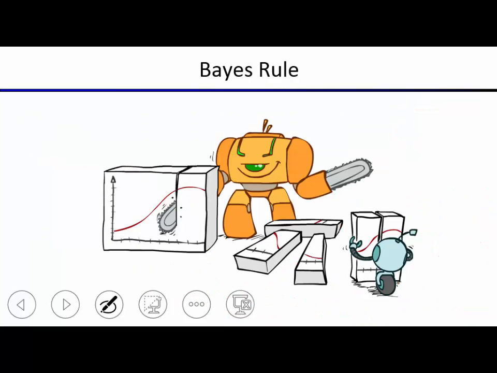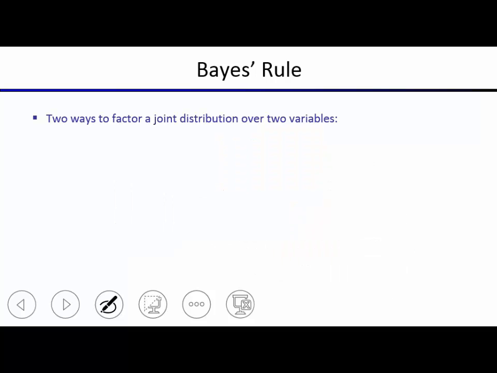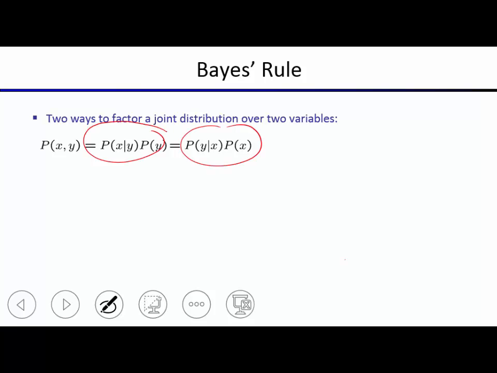Bayes' rule is this thing where you start flipping probabilities around. So let's say you have a joint distribution over two variables, x and y. You can use the product rule in two different ways. You can swap the roles of x and y to get those two different expressions. They're both equal to the joint.